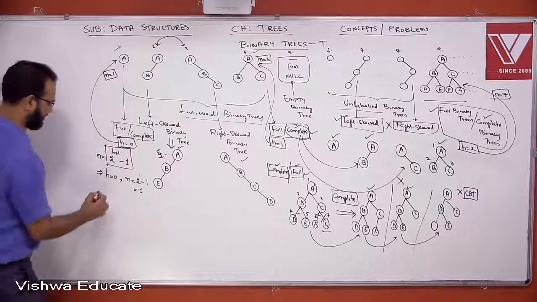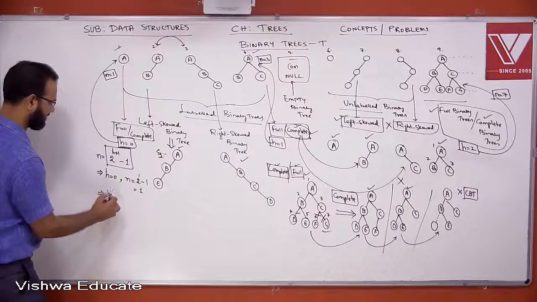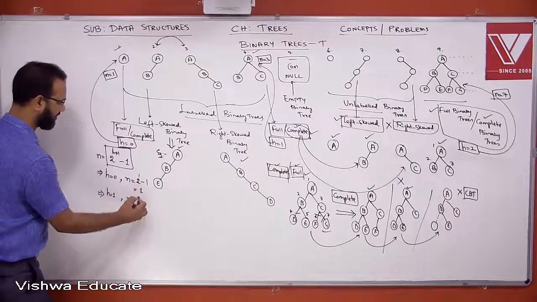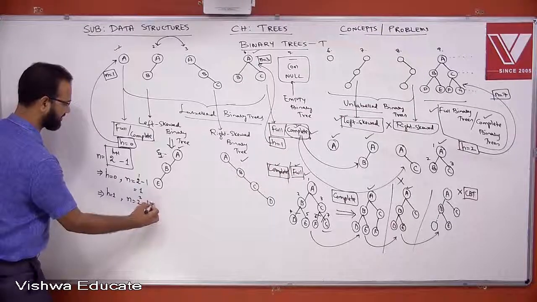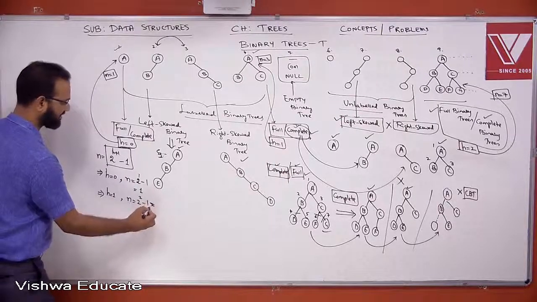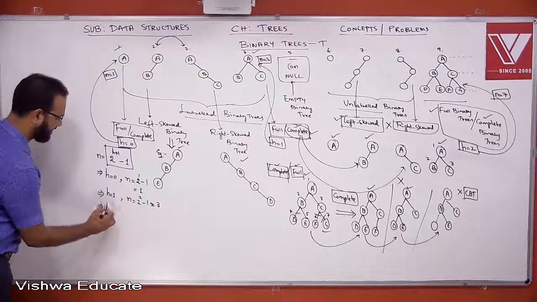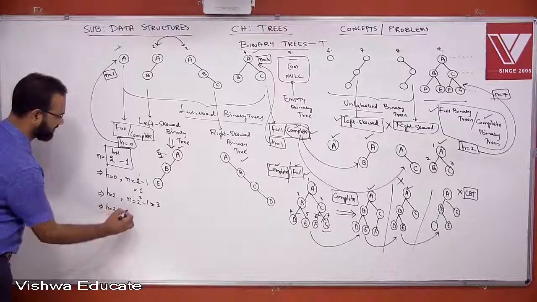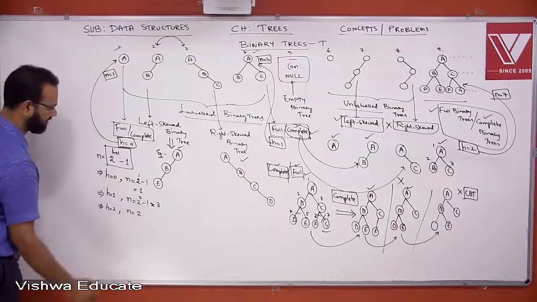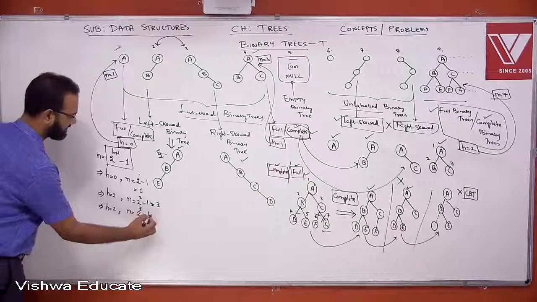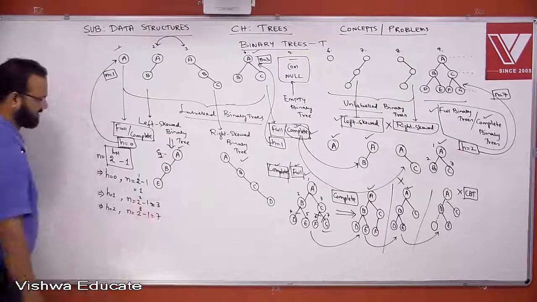So 1 node. Similarly, if I say height is equal to 1, I substitute and get 2 to the power 1 plus 1, that is 2 squared, minus 1. So it gives the number of nodes as 3. Similarly, I substitute height equal to 2. Then I get the number of nodes as 2 to the power 2 plus 1, that is 2 cubed, minus 1, so it gives me 7.